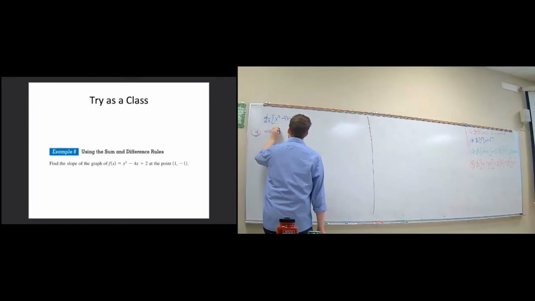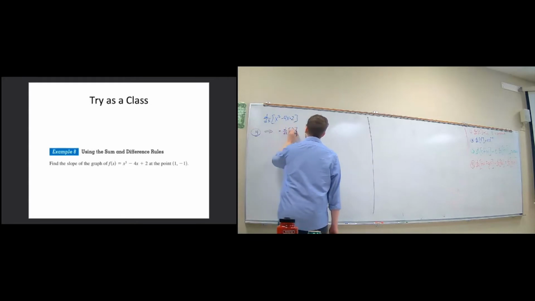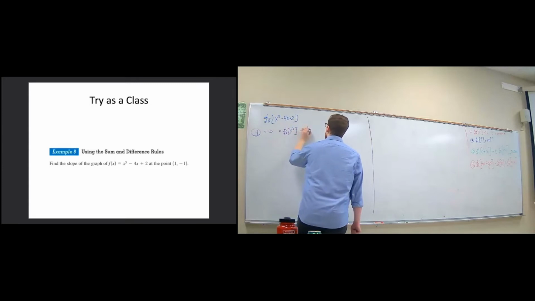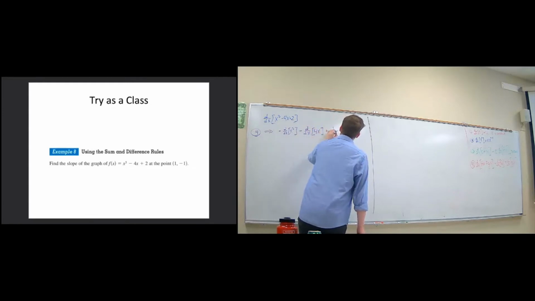This is going to be equal to d dx of x cubed minus d dx of 4x plus d dx of 2.